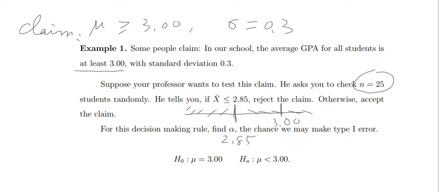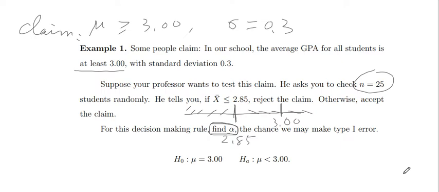So let's say we want to find alpha. Basically, if alpha is small, then we can use this decision-making rule.